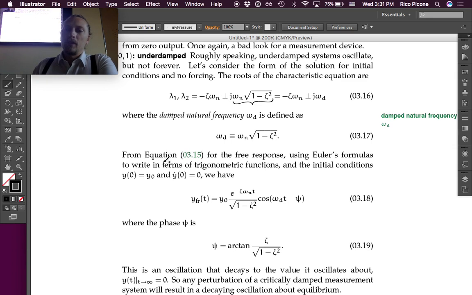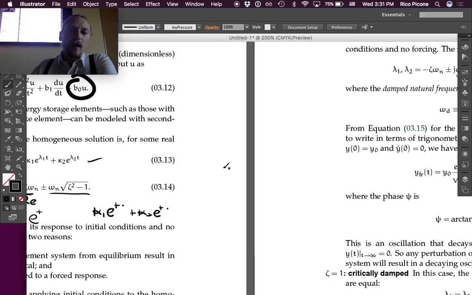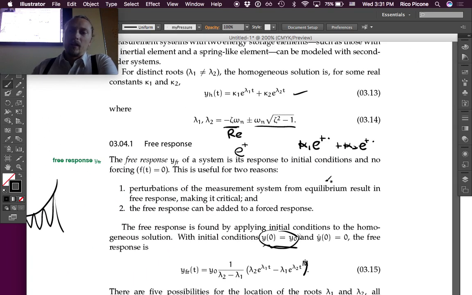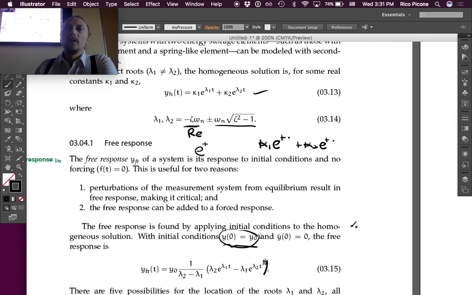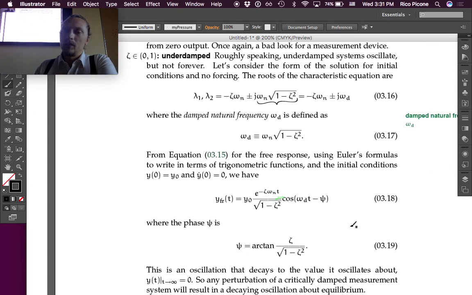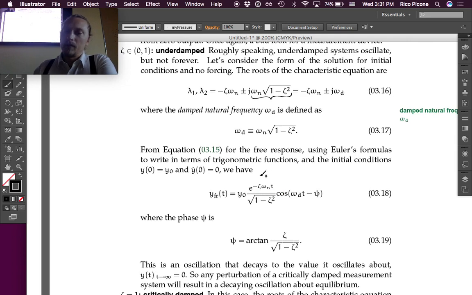So from equation 3.15, for the free response, using Euler's formulas to write in terms of trigonometric functions. Remember that complex exponentials, like we have here when lambda 1 and lambda 2 are complex, we can use Euler's formulas to rewrite it in terms of trig functions.